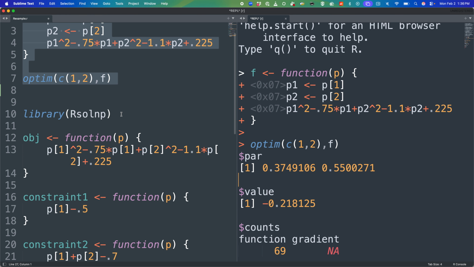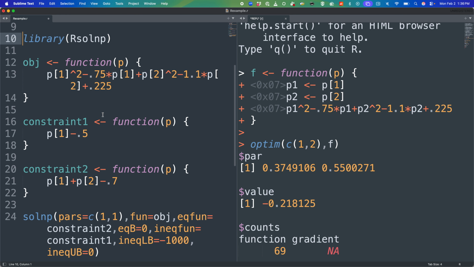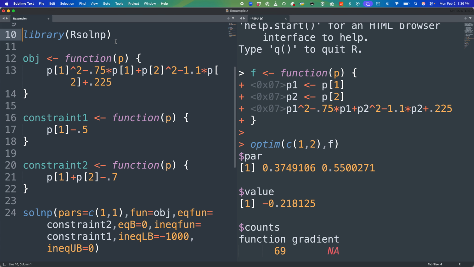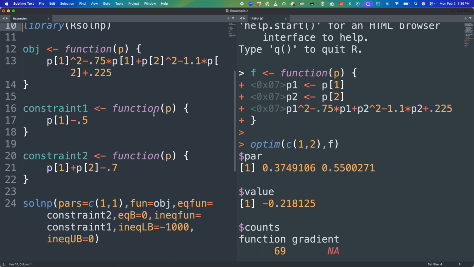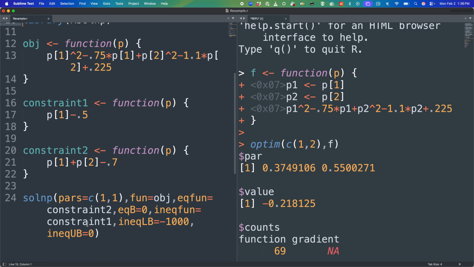In R, this is an example, it's not the only way to do it, but I'm using a library called Rsolnp. This is a package that does optimization. So I set up a function that describes the objective function, and then I set up functions for each of the constraints.